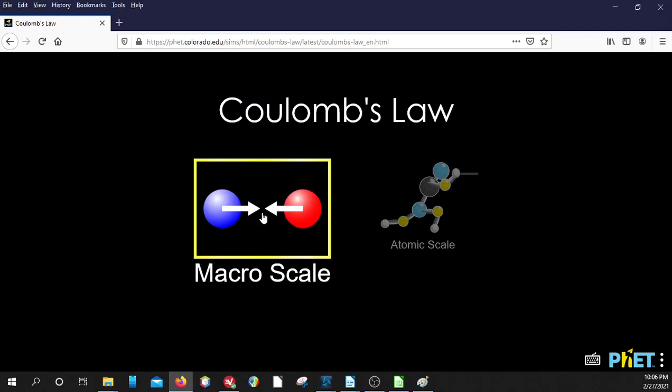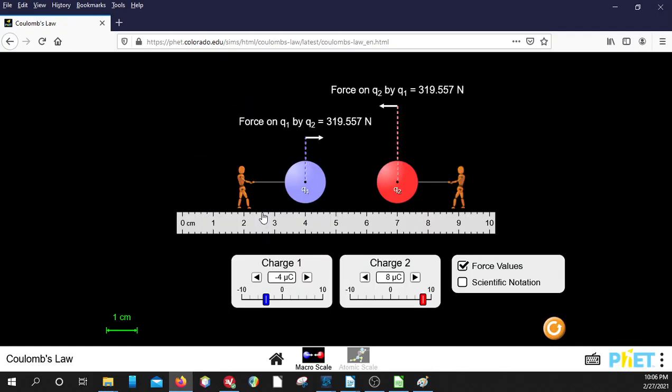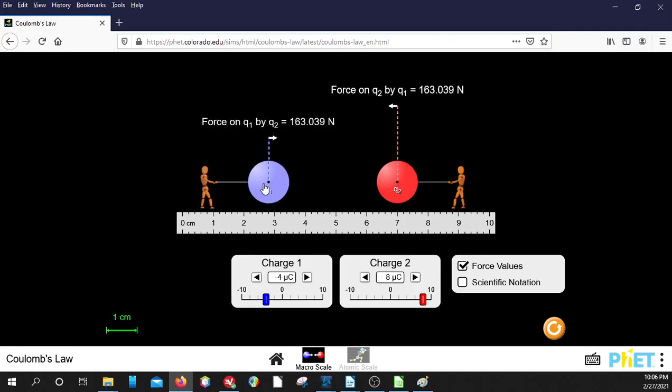We want to click on the macro scale, and that should bring us here. So we have two charges, we can move them around, and you can see the force on each charge. Here, you can see they have the exact same value, and these arrows give the directions. In this case, Q1 is negative and Q2 is positive, so you can see they're attracted to each other, and they have the same magnitude of charge.